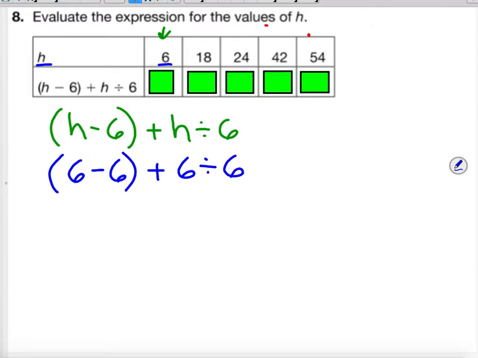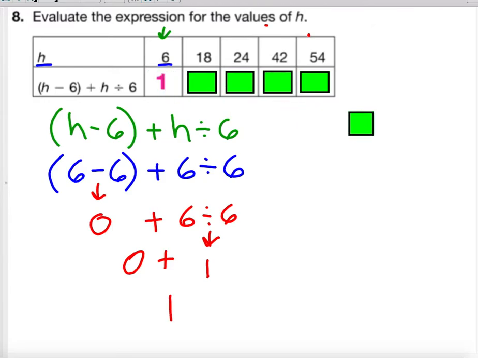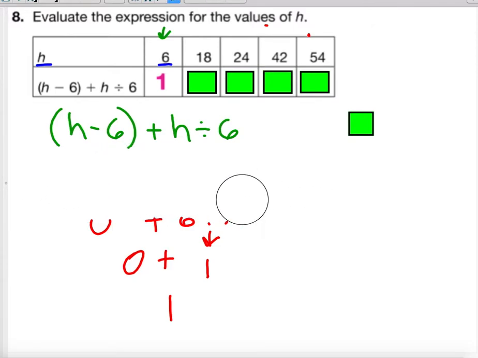Now in this case, you're going to need to do the order of operations, so we do what's in parentheses first. So 6 minus 6 leaves us with 0. 0 plus 6 divided by 6 is what we have now. Well, we can't do the addition, we have to do division next. 6 divided by 6 is 1, so now we have 0 plus 1, which leaves us with a value of 1.